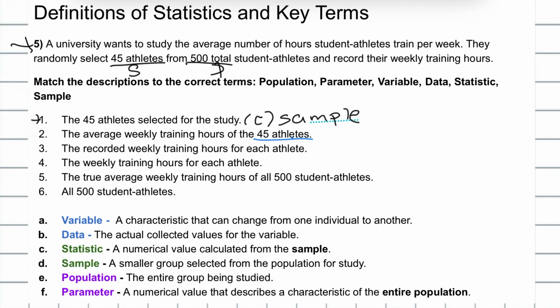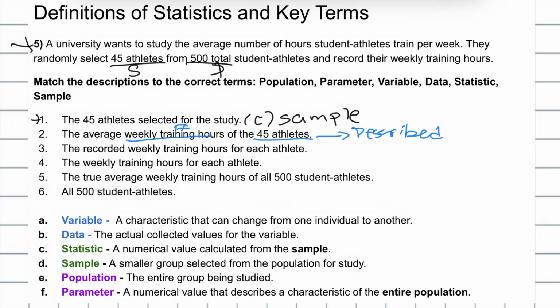It has the average, so the average training hours. That's a numerical amount. It's not precise, but it's a numerical amount.